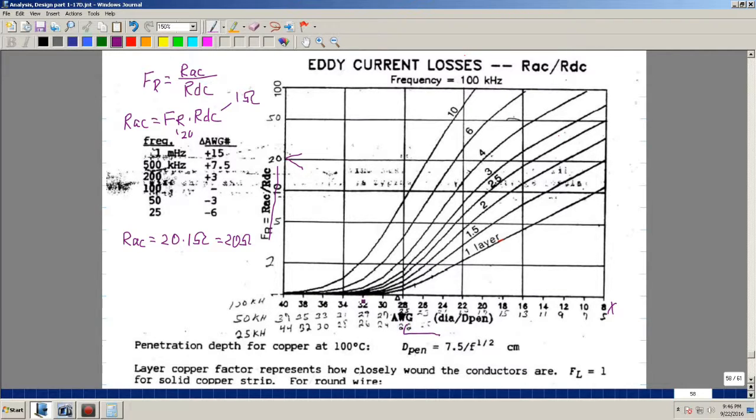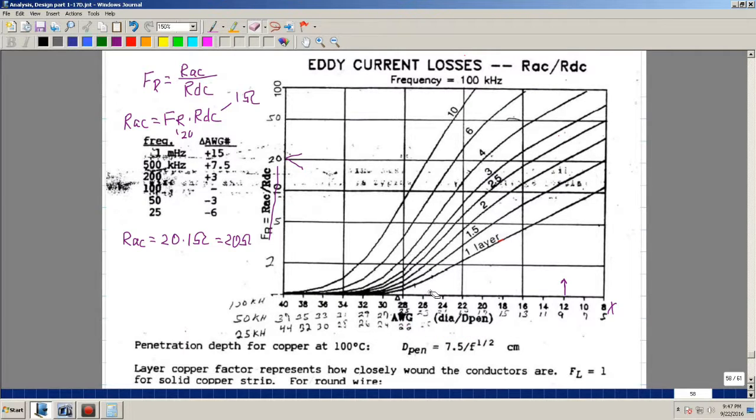In other words, they're expressing this as American wire gauge, which is great, because then I can say, if I use a 12 gauge wire, all I have to do is go up and I can get my information. Or if I use a 26 gauge, then I go up and I get my information. So this is very unique. That's why I love this plot, because I can do calculations extremely fast.